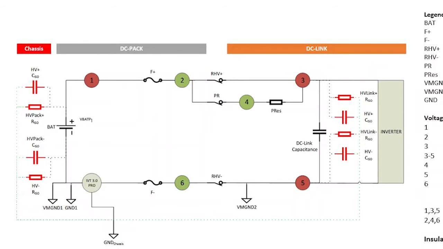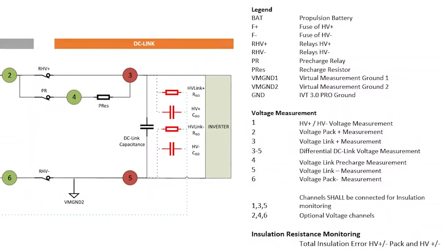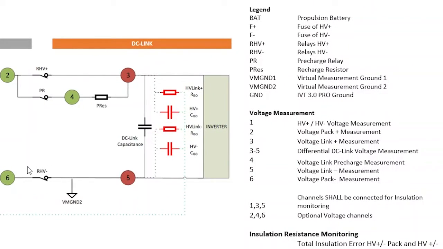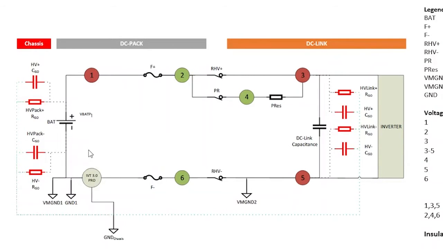Now let's quickly walk through those high voltage sensing points, as these are also reflected in the voltage result messages that we will analyze in the next chapter. The first voltage sensing point, number one, is the high voltage measurement of the battery. In this case, IVT sits on the negative leg of the battery, installed on the positive side of the battery.